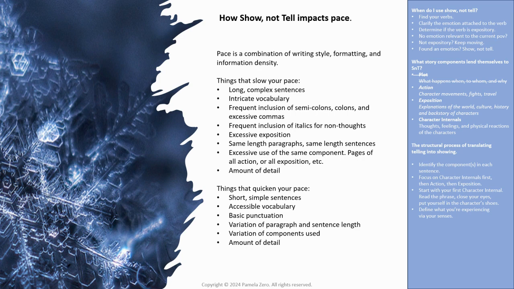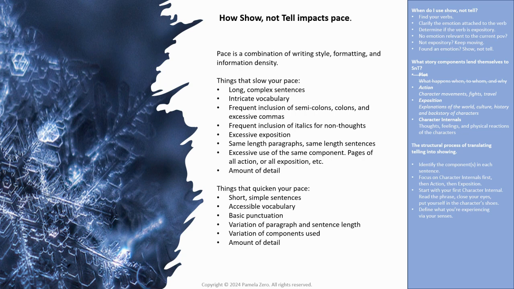Frequent inclusion of italics for non-thoughts. If you want to stress a part of your writing, use the sentence structure to do it. Don't use italics. It will slow your reader down. Excessive exposition. That's just a huge one. Same length paragraphs, same length sentences. You want to vary your paragraphs and sentences.